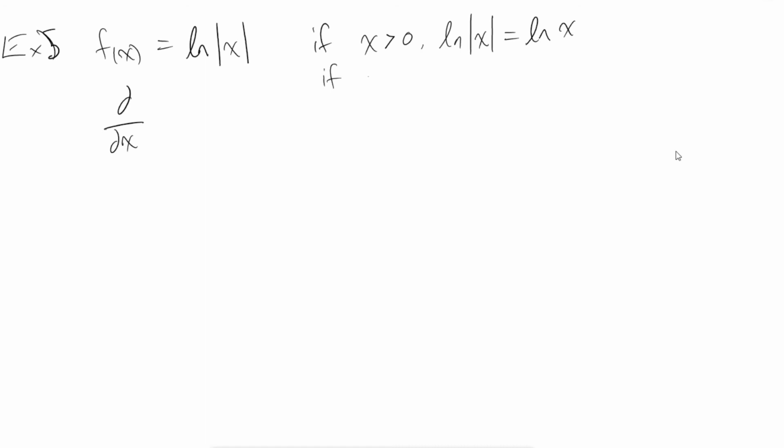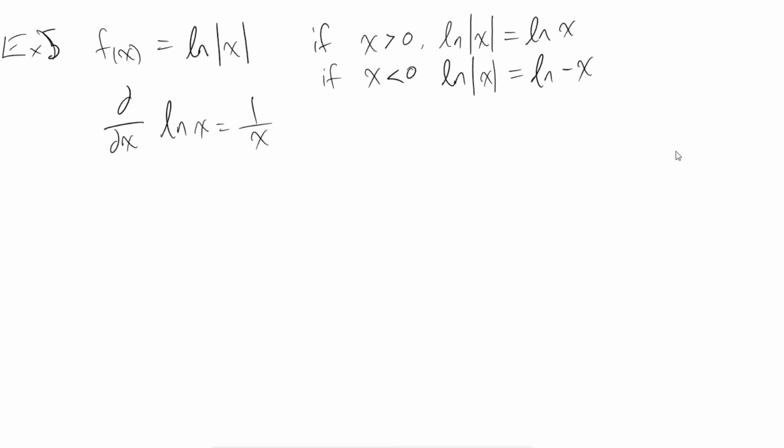In the other case, if x is less than 0, the absolute value of x is equal to negative x, so it's ln of negative x, because our two negatives will make a positive. So the derivative of the first one is just 1 over x.